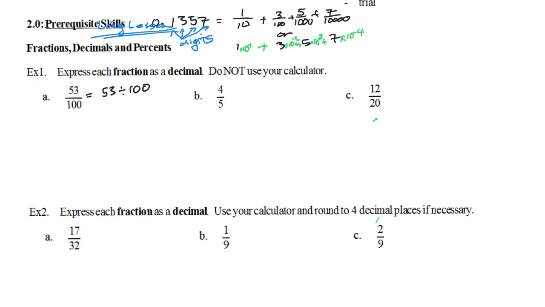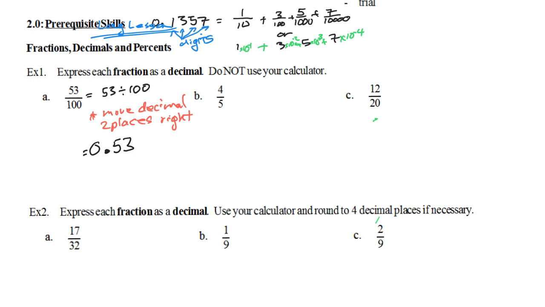Now, all we have to do is remember that when we divide by 100, it means move the decimal 2 places right. Looking at the 53, the decimal starts to the right of the 3, and we move our decimal over 2 spots. So we can write our final answer as 0.53. Make sure you put a 0 in front if it's not there.